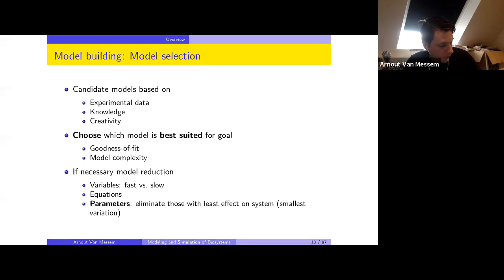So if your model is complex, this means that you have a model with more parameters. So the more complex your model will be, the more parameters or higher order parameters will be in this model.